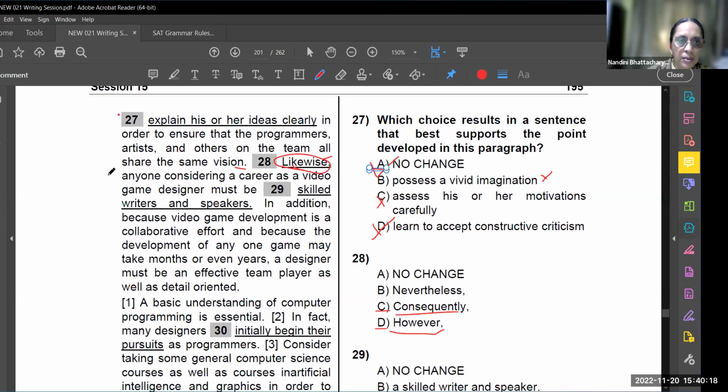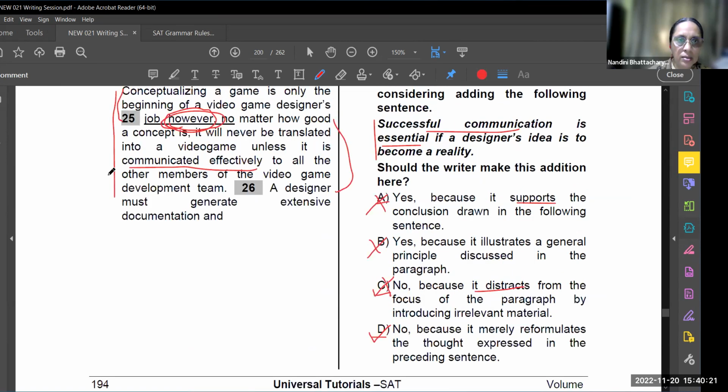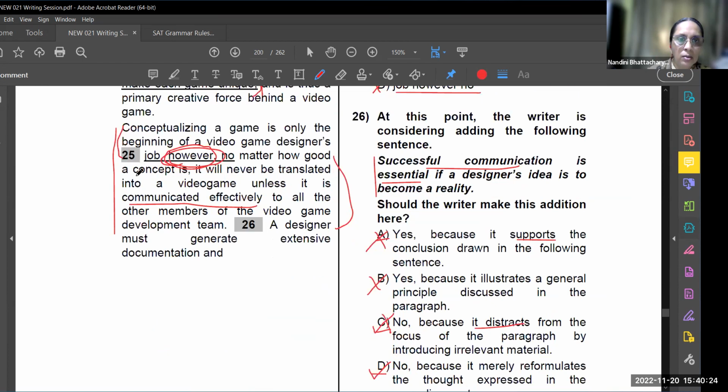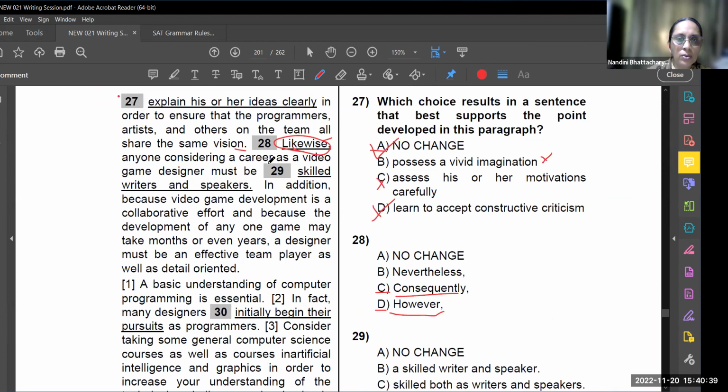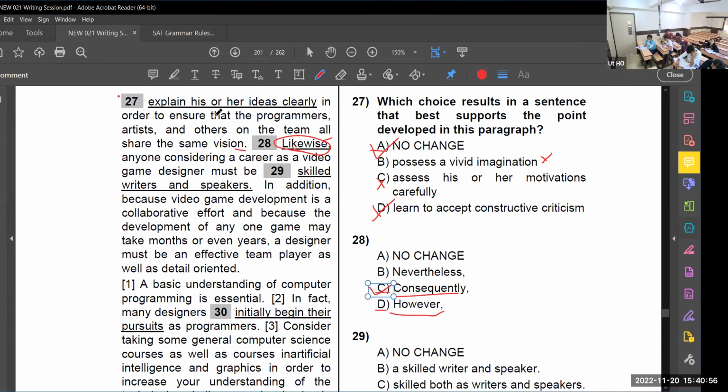In the previous sentences, we were talking about what the conceptualization of the video game requires. They need effective communication skills, and they need extensive documentation, right? And then we go on to anyone who is considering such a career must be a skilled writer and speaker, right? So would we go with however or consequently? Consequently. So because of all these points, he should be a skilled writer and speaker.